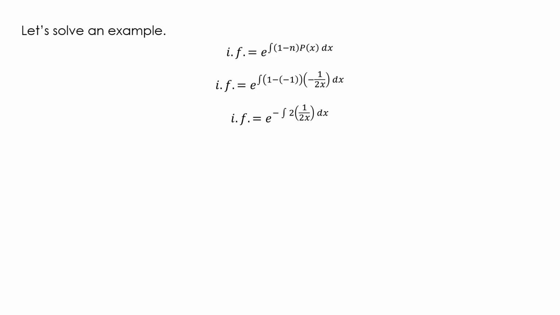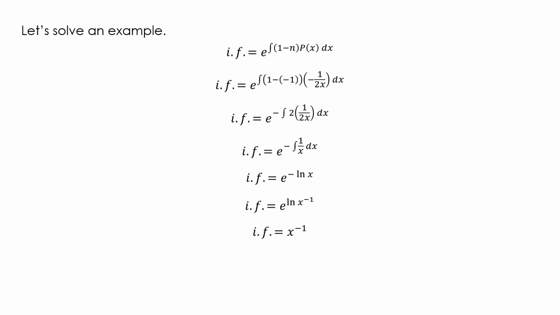As you can see, the 2 will be cancelled, leaving us with e raised to negative the integral of 1 over x dx, which will become ln of x. So now, the negative coefficient, we can use the laws of logarithms to turn it into an exponent of the x. So we get e raised to ln of x raised to negative 1, which in turn will become x raised to negative 1. That is our integrating factor.